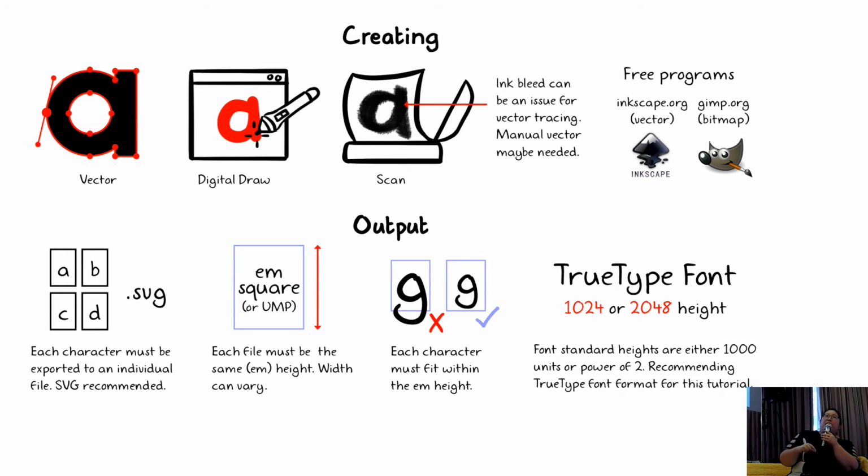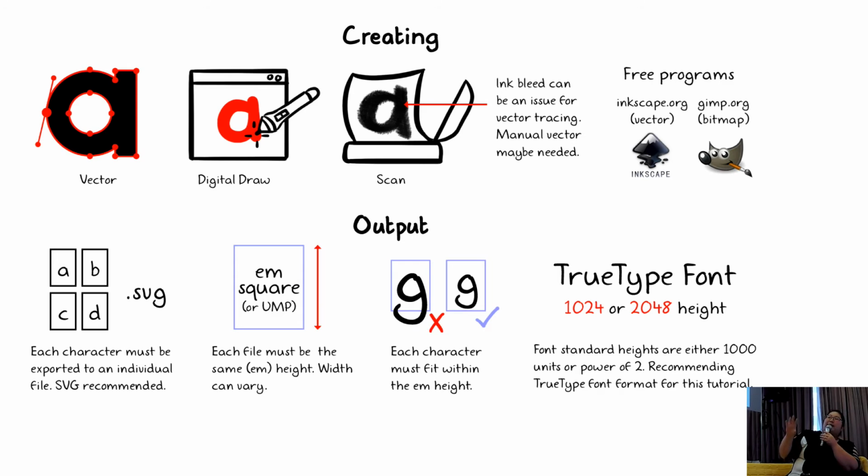And then when you output, it's very important that every letter needs to be outputted to its own file. And this is probably the most tedious part of it, like cutting up and putting it into different files. When you output, everything has to fit within the EM square.